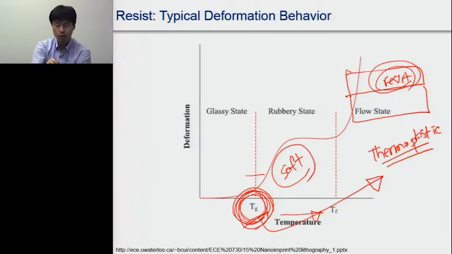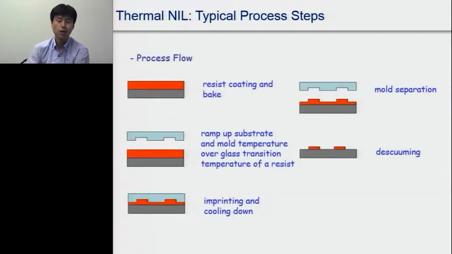We will talk about the typical recipe used for thermal nano imprinting lithography, but based on the glass transition temperature, we can make a recipe. So what are the typical process steps of thermal nano imprinting?